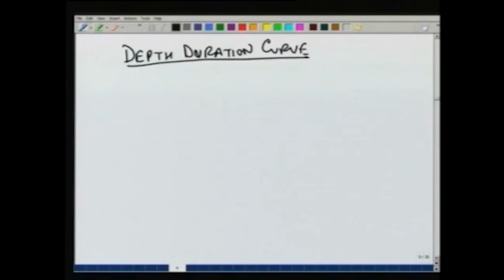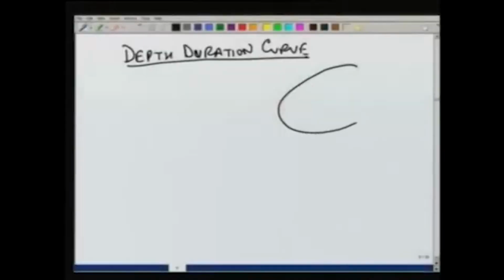And it depends on the area. So, if we are talking about one catchment area, suppose we have some storm occurring over this area, typically the storm will have highest intensity at the center.